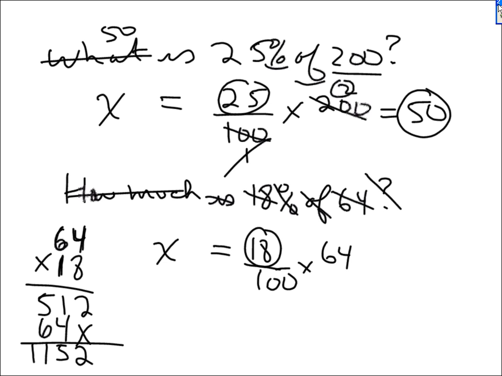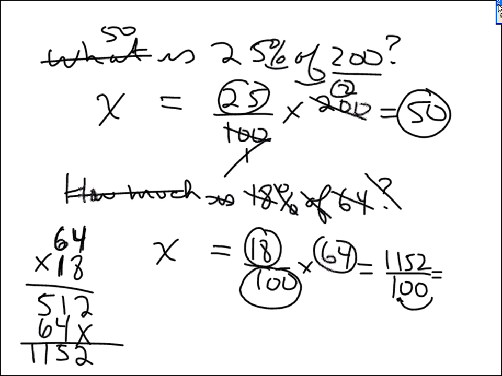So when I multiply the tops, I get 1152 over 100. I love dividing by 100. That's why I didn't cancel or reduce. Why? Because to divide by 100, you move the decimal over 2 places, and you are now dividing by 1, which you ignore. But you have to move the decimal in 2 places on the top number. And that is why you get 11.52.